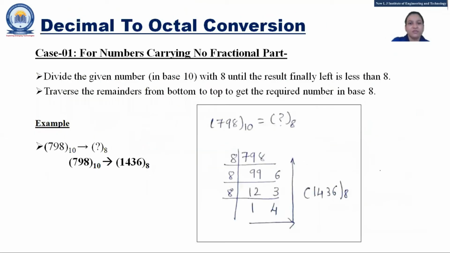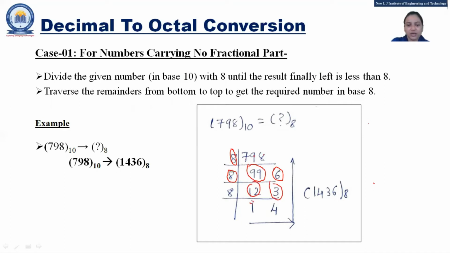Now how will we convert decimal to octal? As in the case of binary, where we divided our number by 2, here in octal we have to divide our number by 8. So when we divide 798 by 8, we get the quotient 99 and the remainder is 6. Now again when divided by 8, the quotient is 12 and the remainder is 3.